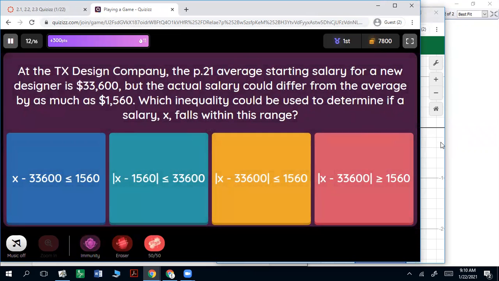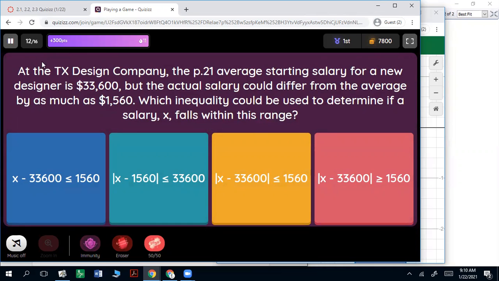Okay, number 12. At the Texas Design Company, the average starting salary for a new designer is $33,600, but the actual salary could differ from the average by as much as $1,560. Which inequality could be used to determine if a salary x falls within the range?